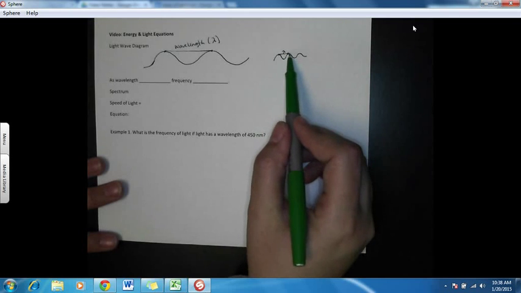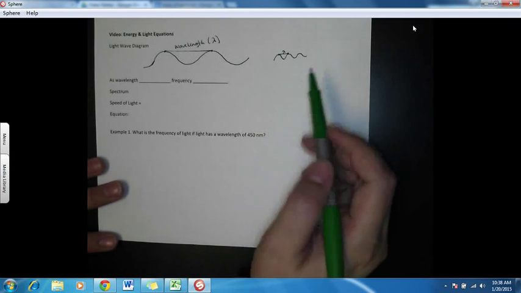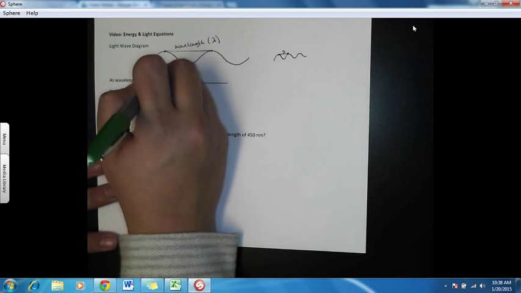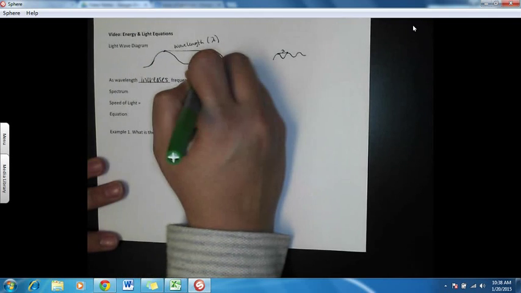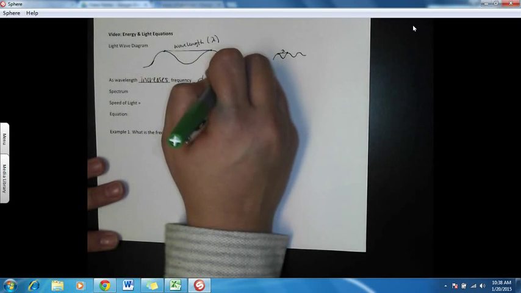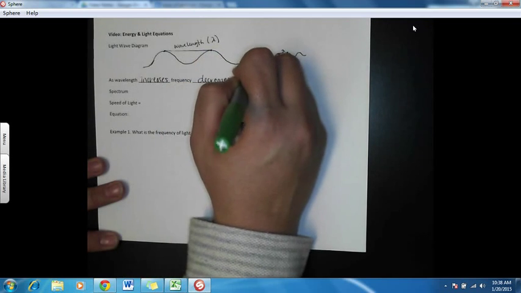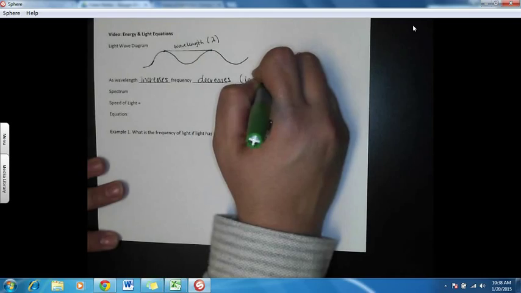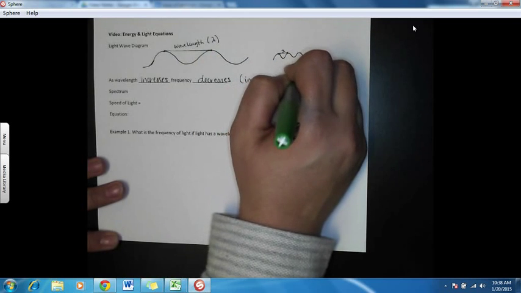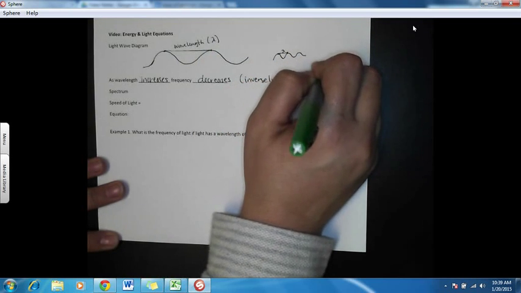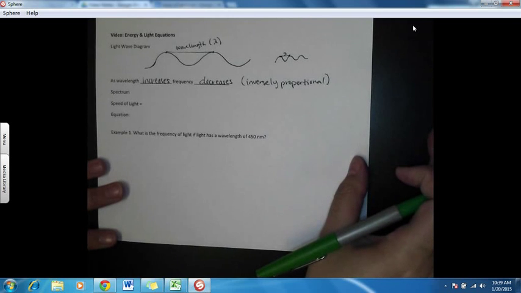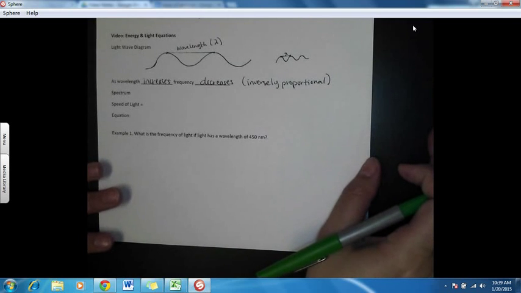If we have a shorter wavelength, the frequency would be much faster. So as the wavelength increases, the frequency decreases. These are inversely proportional, based on the speed of light.